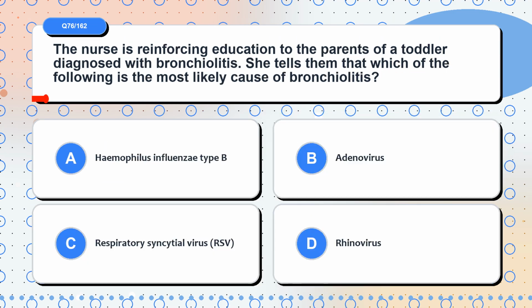Question 76. The nurse is reinforcing education to the parents of a toddler diagnosed with bronchiolitis. She tells them that which of the following is the most likely cause of bronchiolitis? Here are the options. Option A. Haemophilus influenzae type B. Option B. Adenovirus.